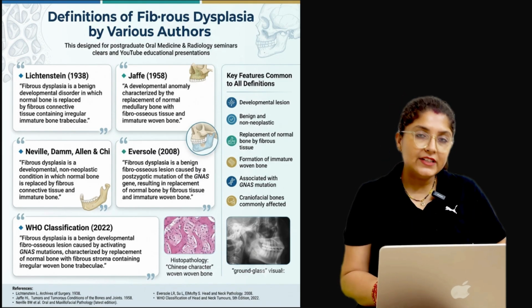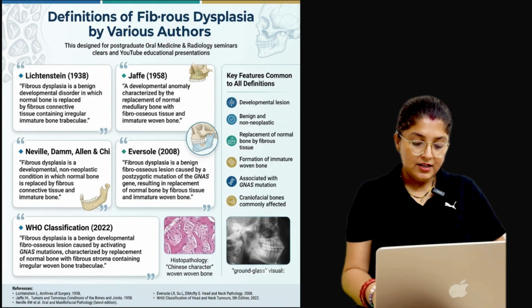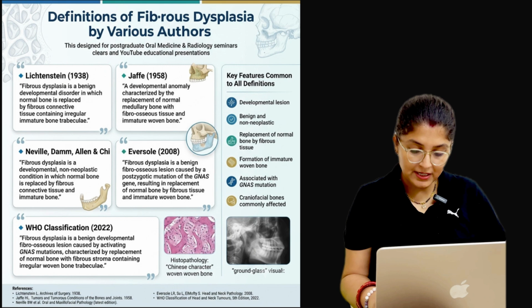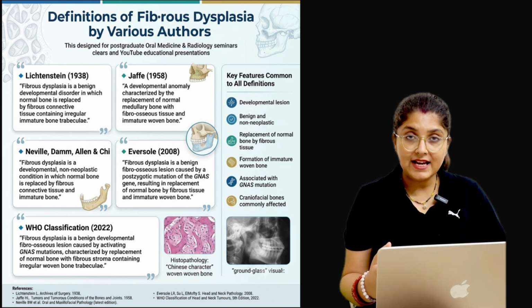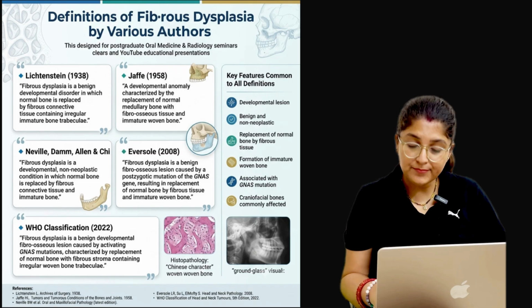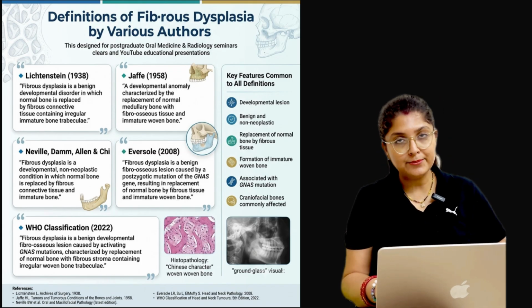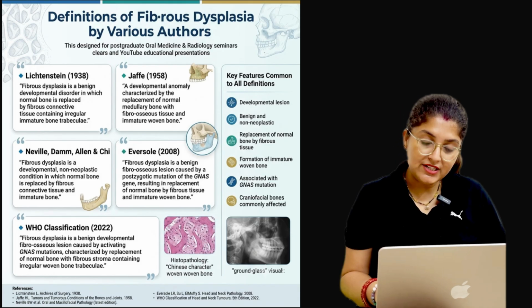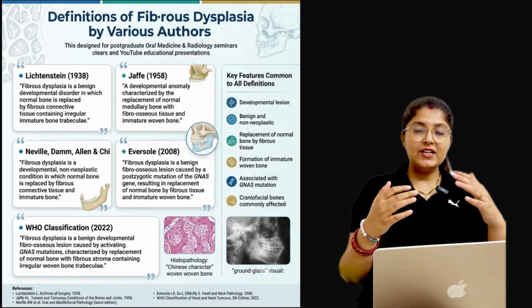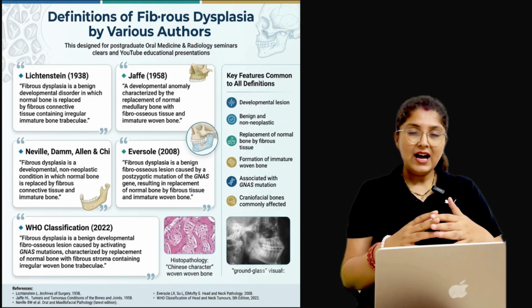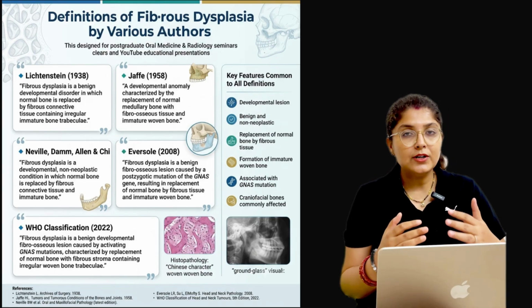Now coming to the definition of fibrous dysplasia. So fibrous dysplasia is a developmental tumor-like condition that is characterized by replacement of normal bone by an excessive proliferation of cellular fibrous connective tissue intermixed with irregular bony trabeculae. Now this definition was given by Neville, okay. Also, I would like you to understand this word by word.